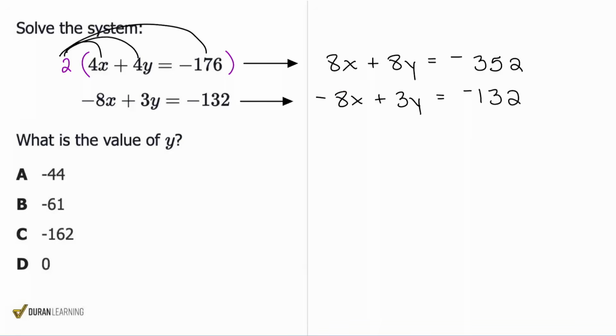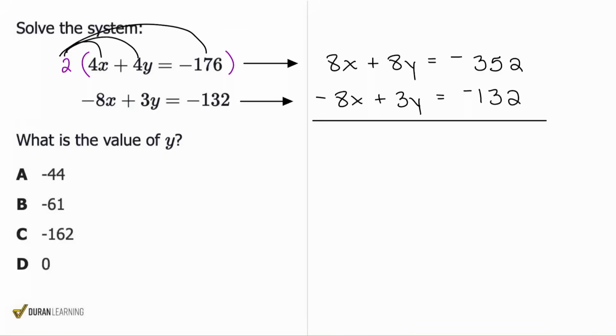Yeah, there we are. Like I said, we were one step away from making this a little more familiar. That's all we had to do. We just had to find a way to make the coefficients the same. The numbers in front of the letters, those are called coefficients. If we got them to be the same number, now I can cancel or eliminate the x and then get the y by itself. So let's go ahead and get that work done now.